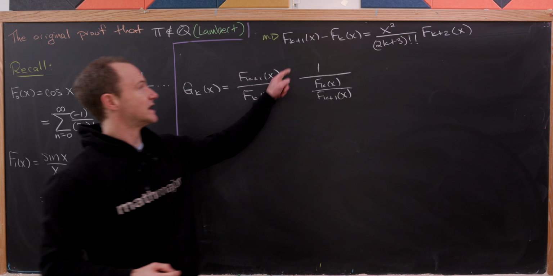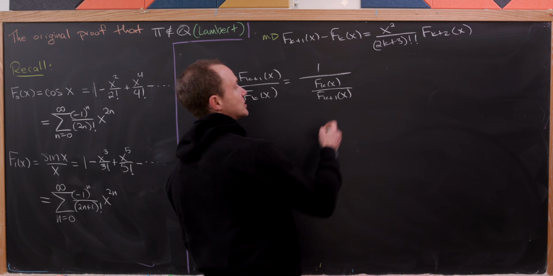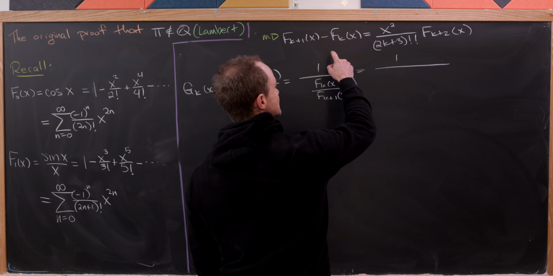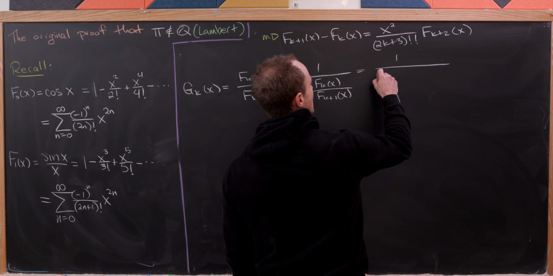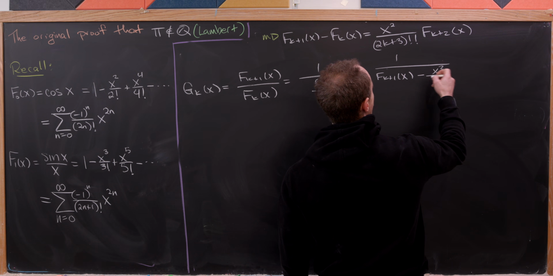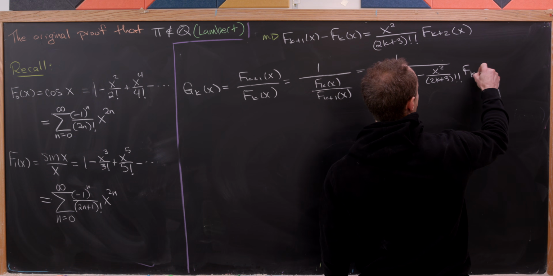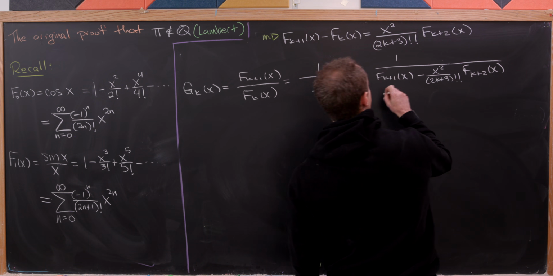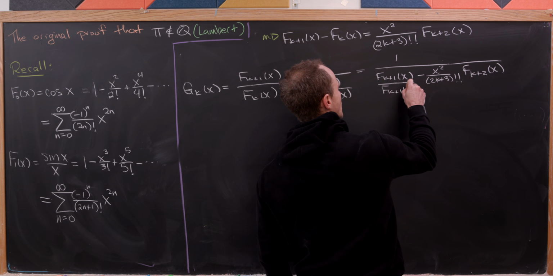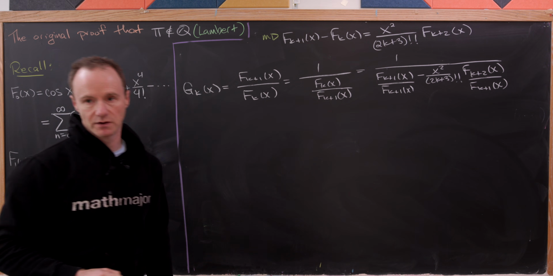But now what I'll do is solve our recursion up there for the f sub k function. So let's see, what'll that leave us with? We'll have 1 over, so solving for f sub k, we'll have f sub k plus 1 of x minus x squared over our 2k plus 3 double factorial f sub k plus 2 of x. And then this is all occurring over f sub k plus 1. But what I'll do is just divide each one by f sub k plus 1, just to make it a little clearer what's going on.